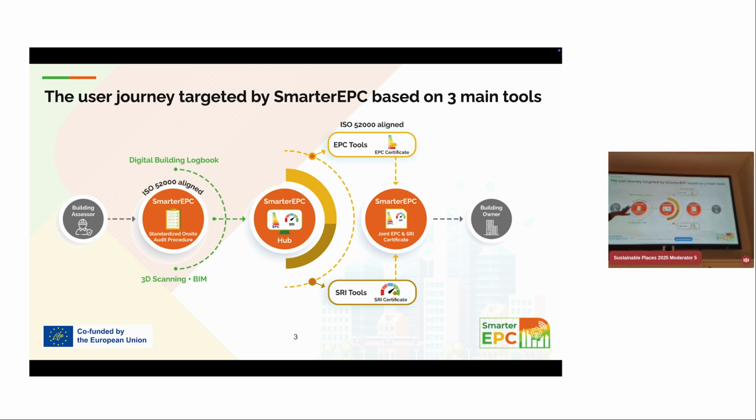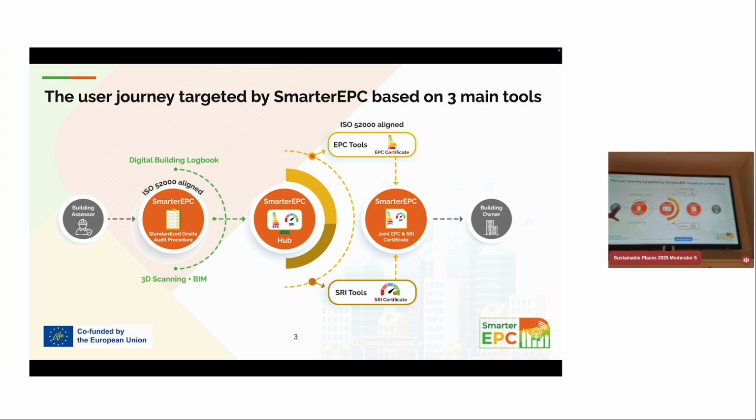So we are doing a lot of things in the project, of course, but I would like to focus on these 3 building blocks that we have. The first one is this standardized on-site audit procedure that we want to be integrated so that a building assessor visiting a building to conduct a performance assessment can collect the data that will allow them to calculate the energy performance, but also the smart readiness.